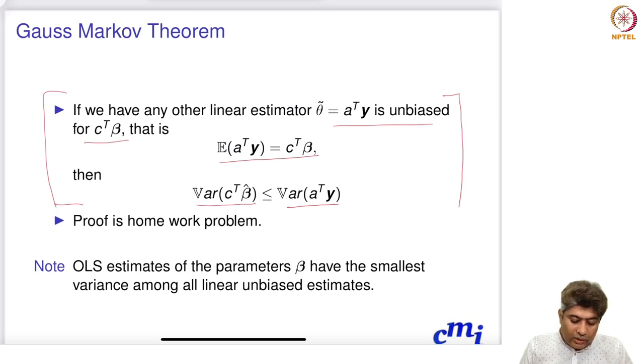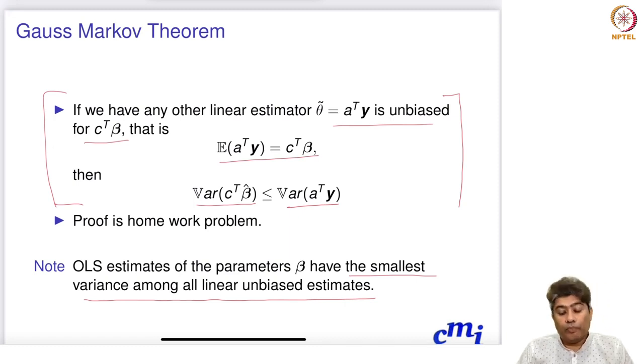That means essentially the OLS estimate of the parameter beta has the smallest variance among the linear unbiased estimators. This is the main crux of the Gauss Markov theorem, and that makes our life very simple.